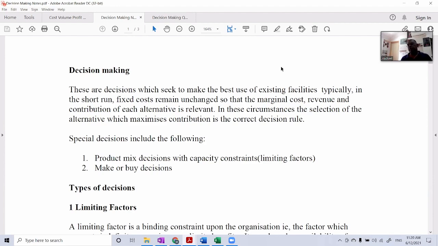As far as short-term decision making is concerned, we are assuming the same CVP assumption, which is the relevant range.